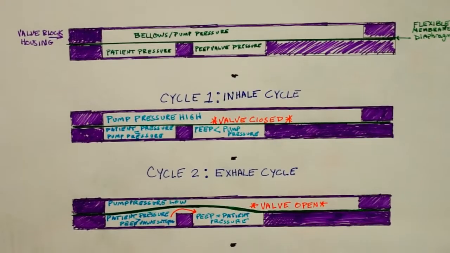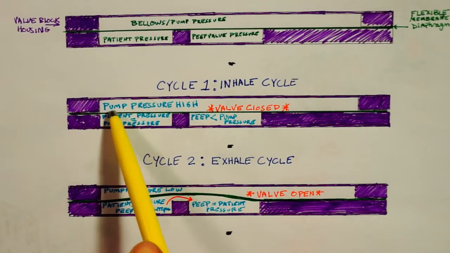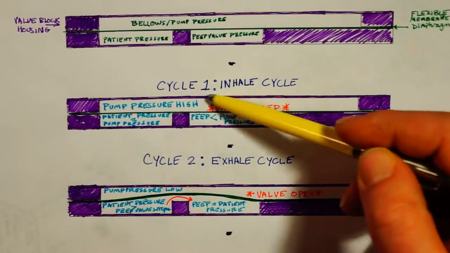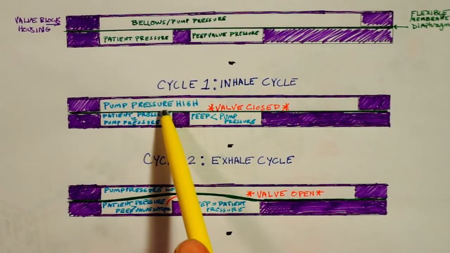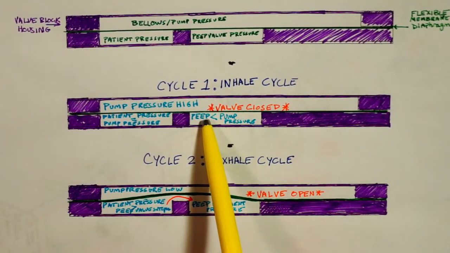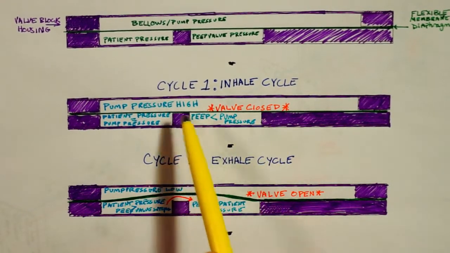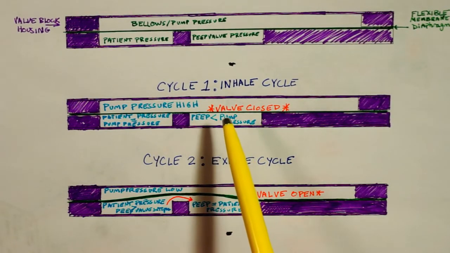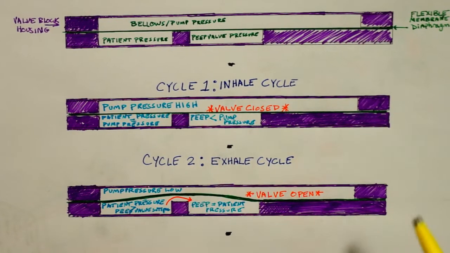So then we have these two cycles. During the inhale cycle, the pump is pushing high pressure, which pushes this membrane down. The patient pressure is actually equal, but the PEEP pressure is always lower than the pump pressure, thus sucking this membrane to close this port, and thusly sealing the PEEP system from the patient during the inhale cycle.